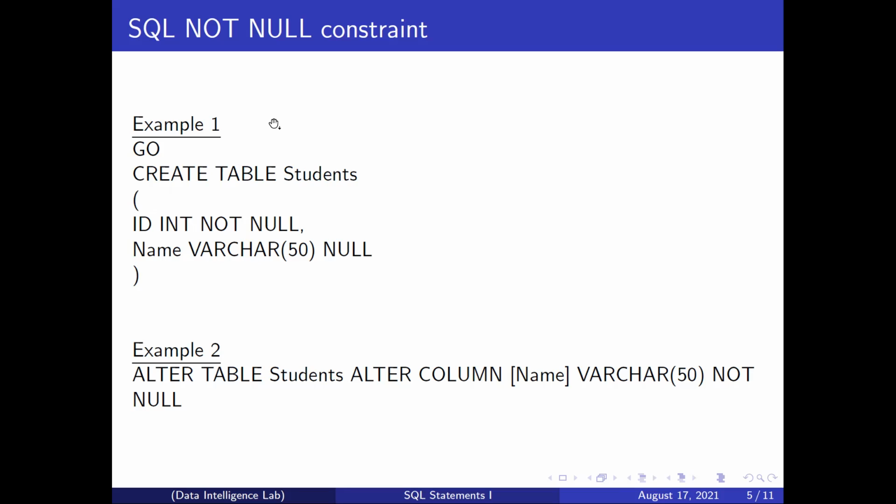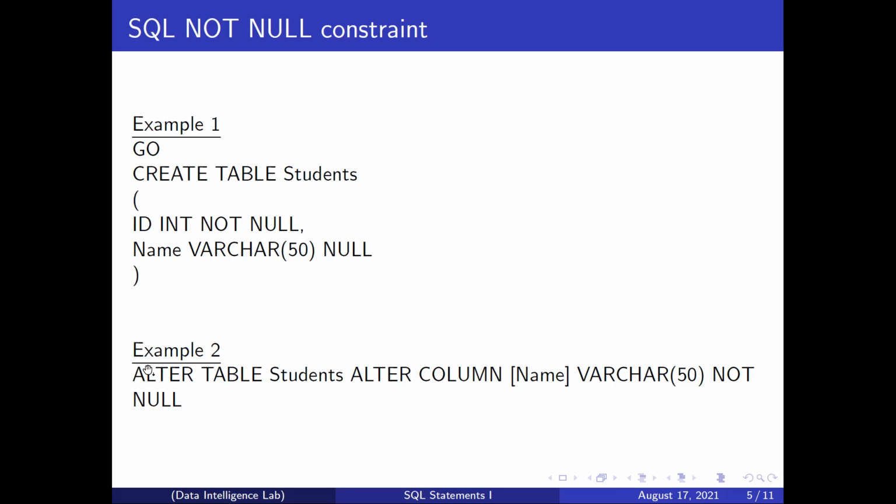So that's the essence of knowing how to define your constraints on your table, and that's how it's applied in real life implementation. Right, so you can define the constraint at the point of creating the table. You can also define it on an already existing table by using the alter command.